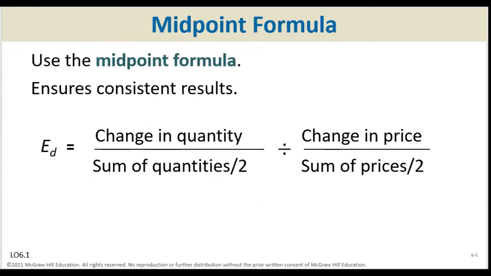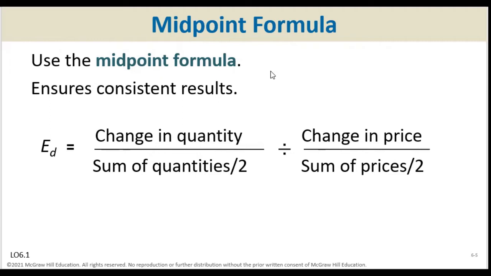So to avoid the challenge of the first formula, the economists agreed to use the midpoint formula, right? The midpoint formula measures elasticity over a given range of prices, whether one starts at higher prices and goes down or starts at lower prices and goes up.